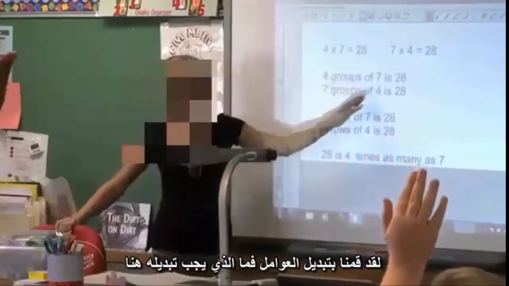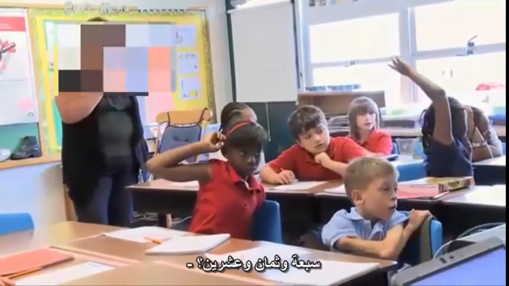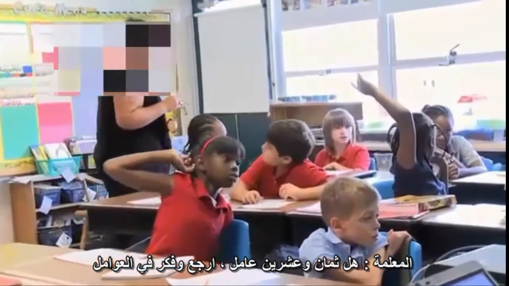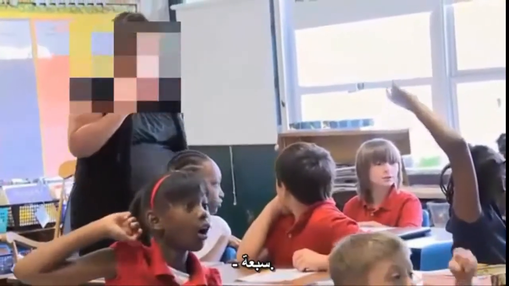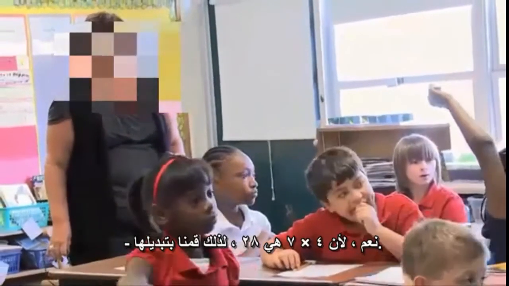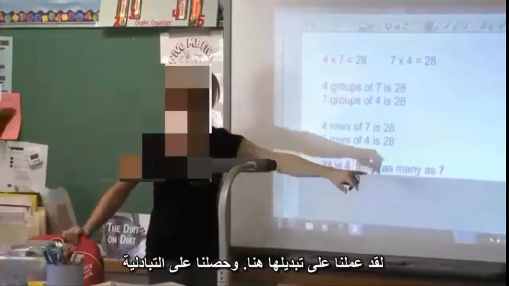We switched out factors, so what are we going to switch out here? Got to think of factors. 7 and 4, yeah, because 4 times 7 is 28. So we switched them out, we got to switch them out here.